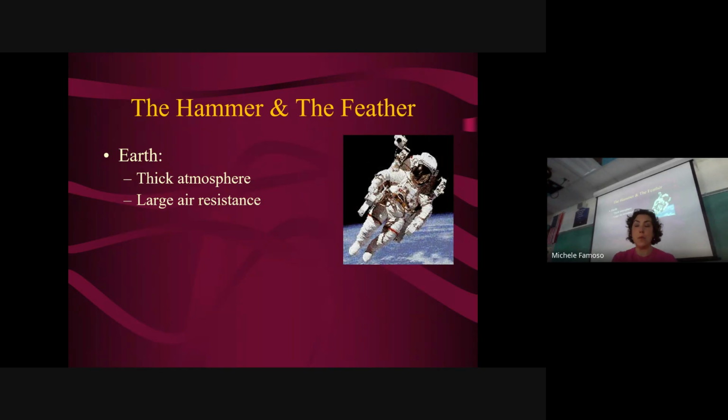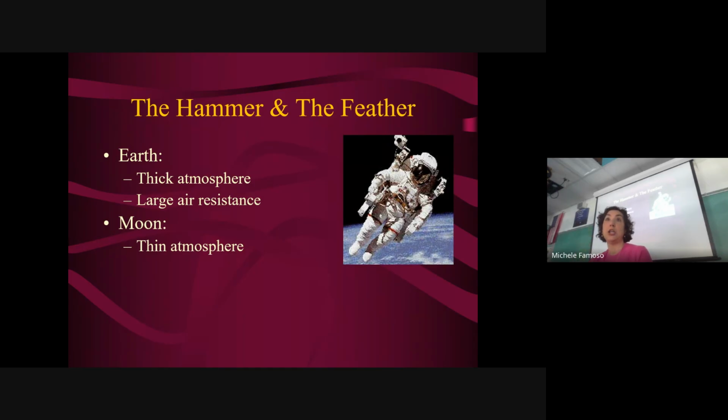Now, a misnomer is that people believe there is no air around the moon, and that is incorrect. There is air, but the air is very thin. The air that surrounds the moon has much smaller molecules. Therefore, there is effectively almost no air resistance on the moon.